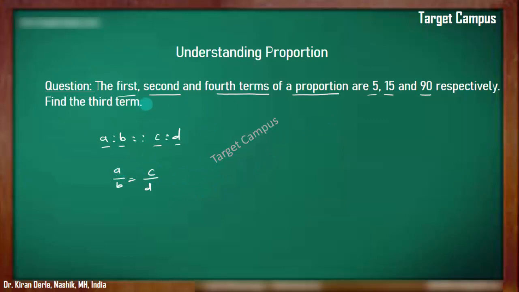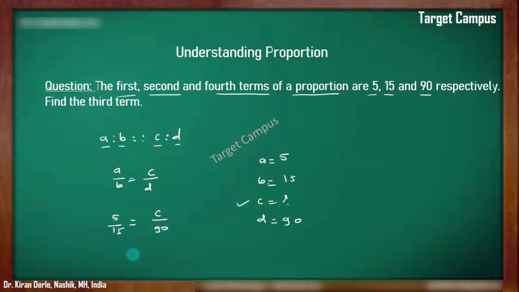A is the first term, given as 5. A is equal to 5. B, the second term, is given as 15, and C is asked. D, the fourth term of the proportion, is given as 90. We have to find the third term. So A upon B is equal to C upon D. A is 5 upon 15 is equal to C upon 90.